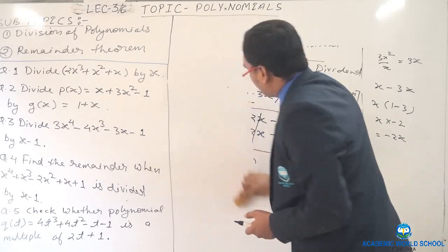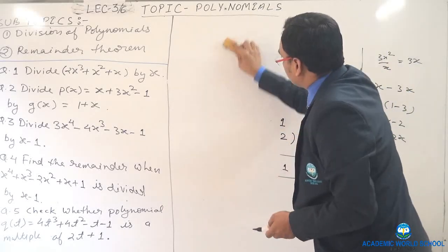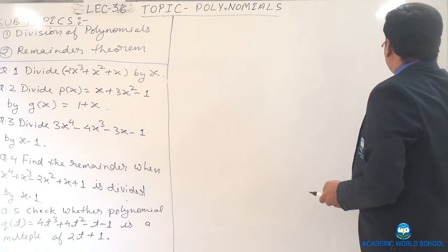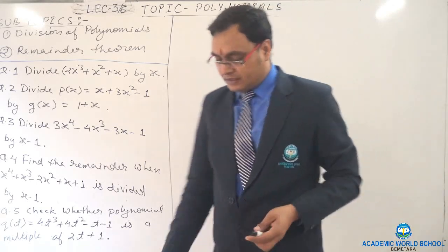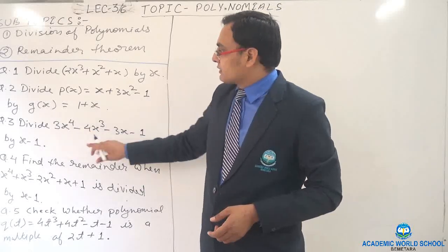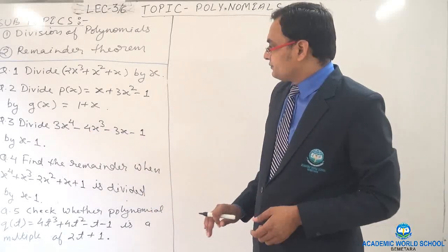Actually in question number 3, both the polynomials are already in standard form because the terms are written in decreasing order of powers of their variable.